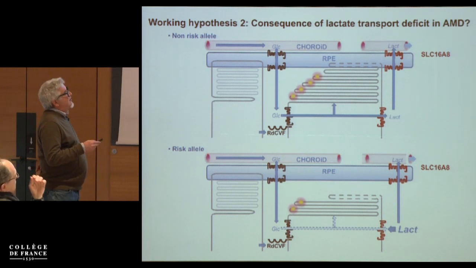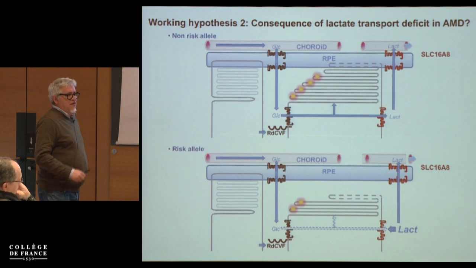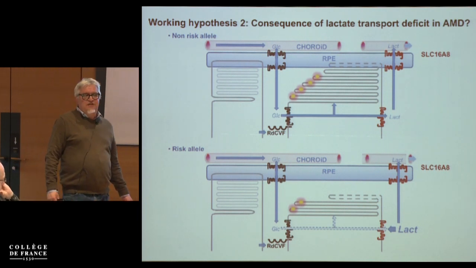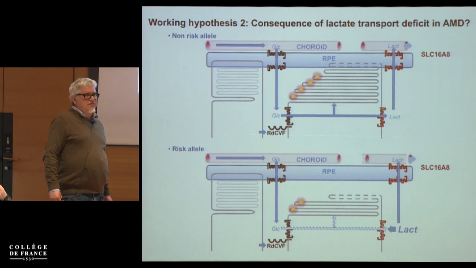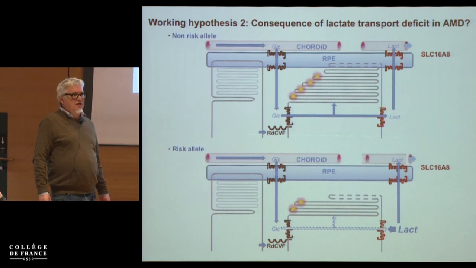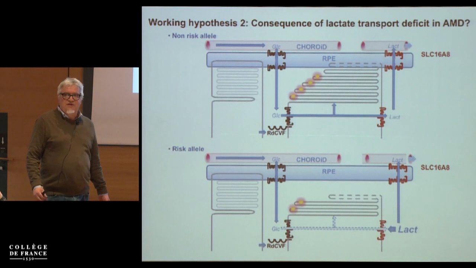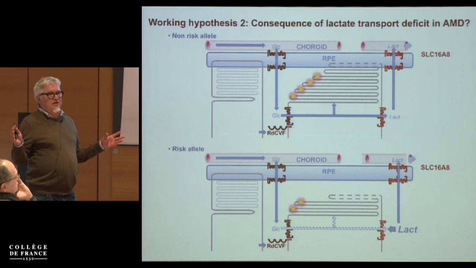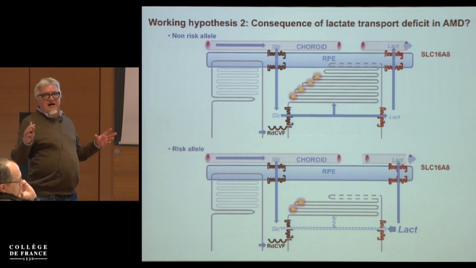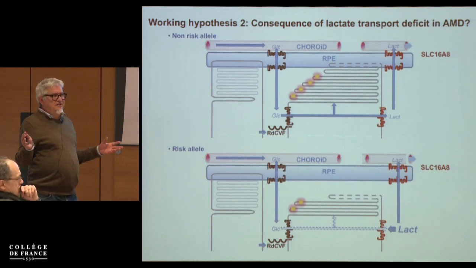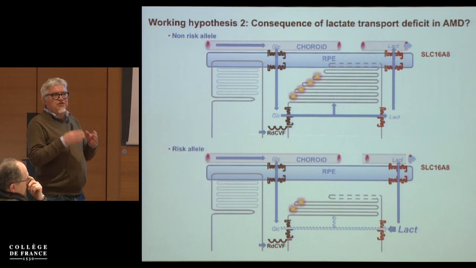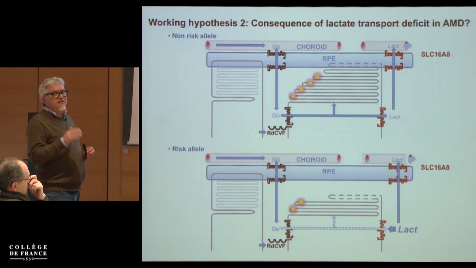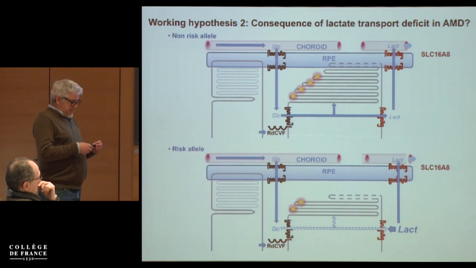So we believe, and there is in the work a causative mutation in a splicing site in SLC16A8, which is responsible for the AMD phenotype. So it's a mixture of a marker of a defect in the gene and a causative mutation in AMD, which clearly indicates, at least predicts, that there is a splicing defect.